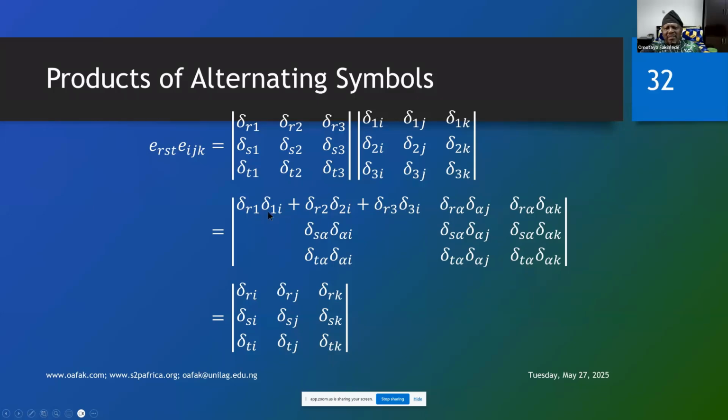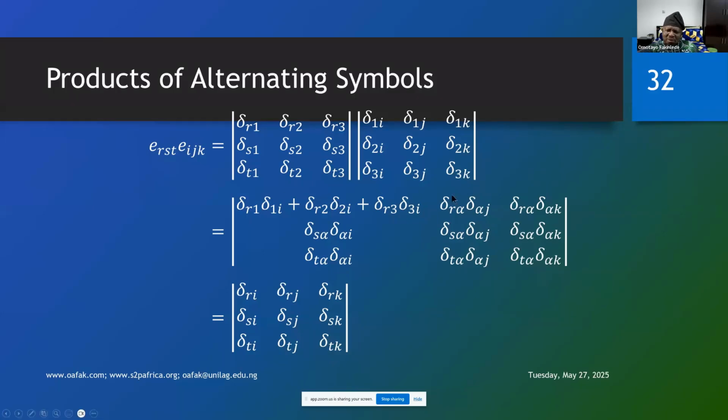So you can easily write this as delta R alpha, delta alpha I, which will give you all of this. And that is the same thing as delta RI because of the substitution nature of this delta symbol. That's one line.